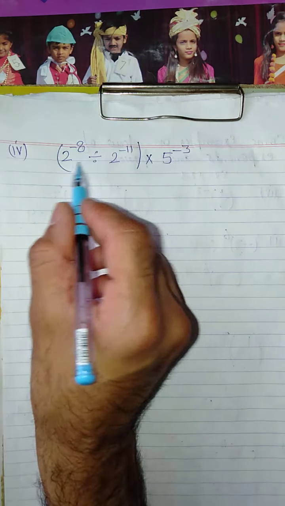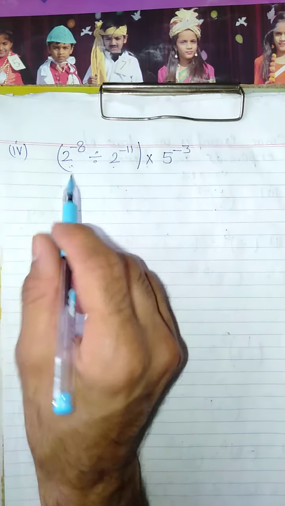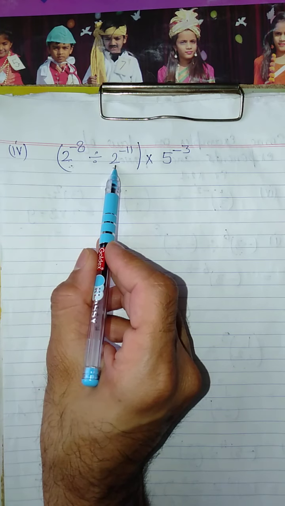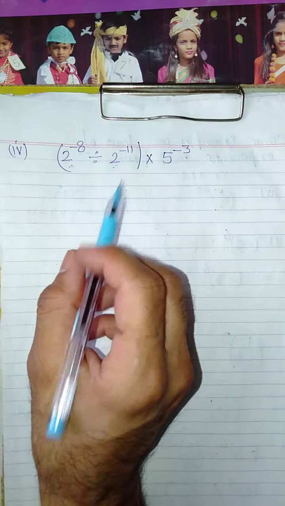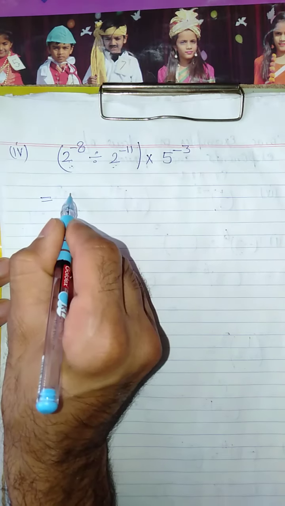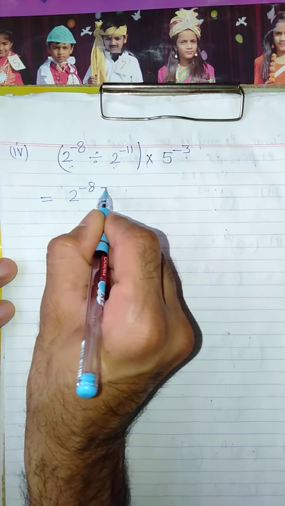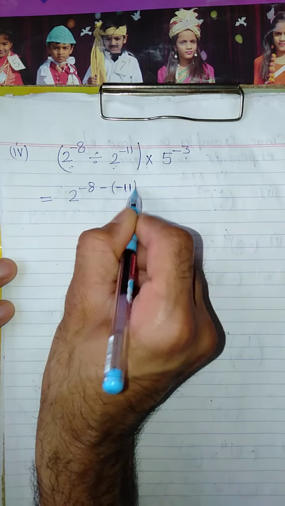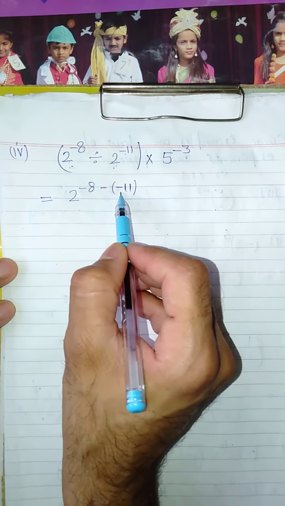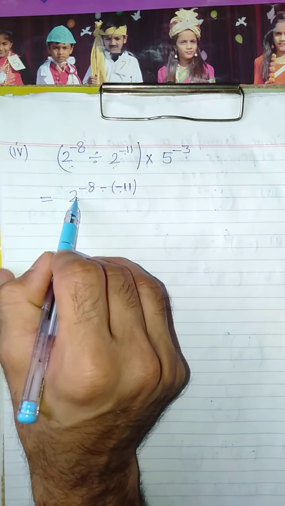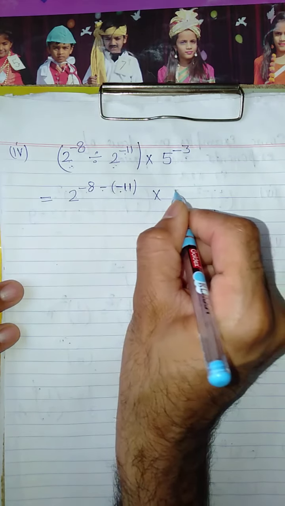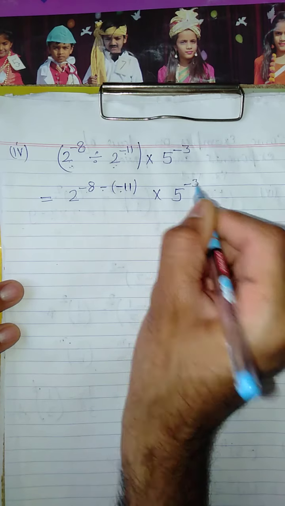Now see, bases are same. In division, power will be subtracted to each other, so this will be equal to 2 power minus 8 minus 11. This is minus 11 subtracted from minus 8, right? Multiply by 5 power minus 3.